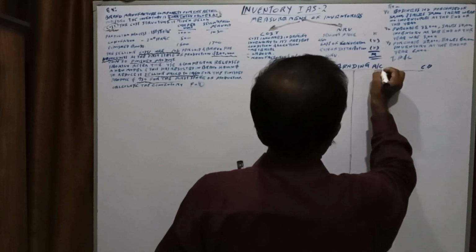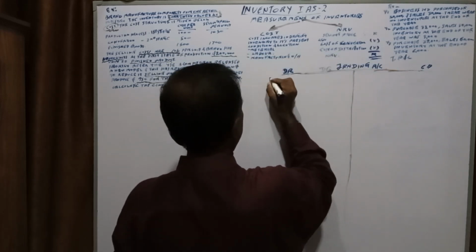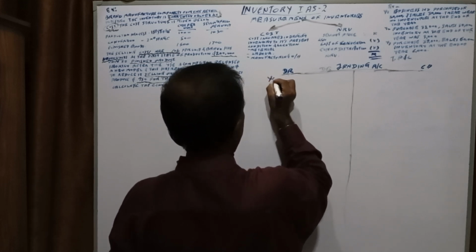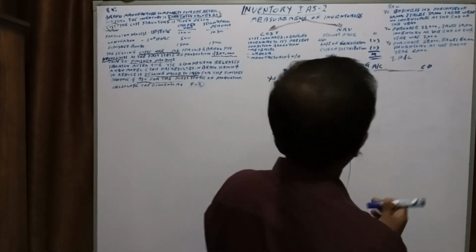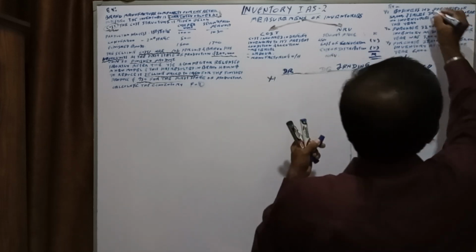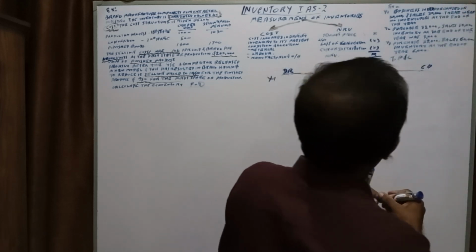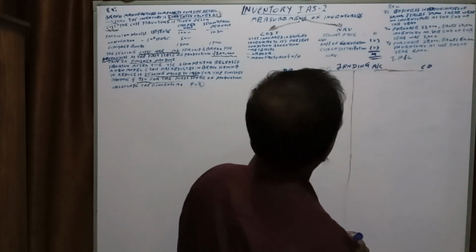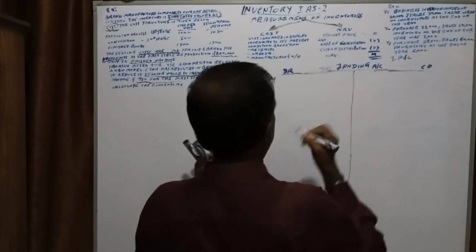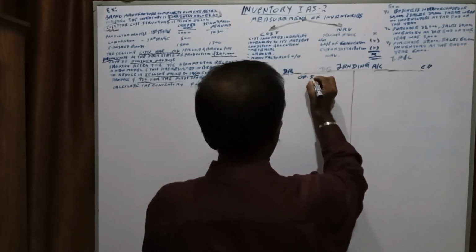Here they say year one. In year one, they say the business had purchases of 20,000. There are no opening stocks.